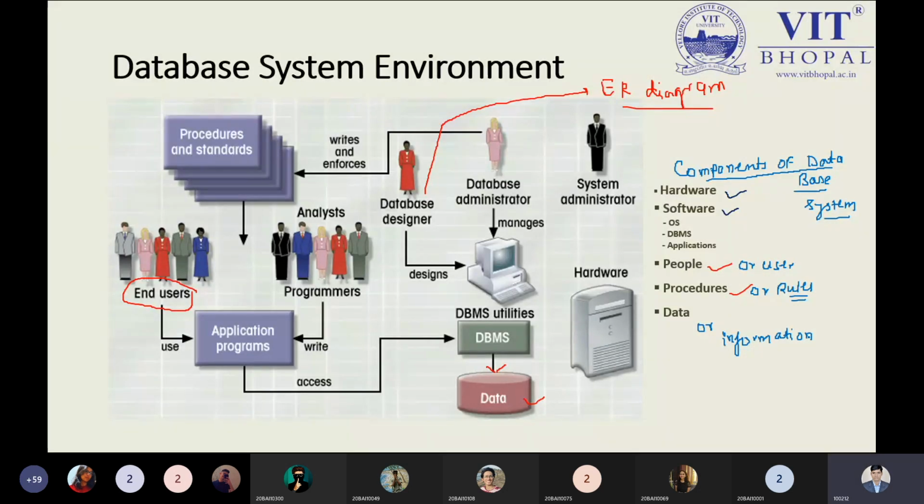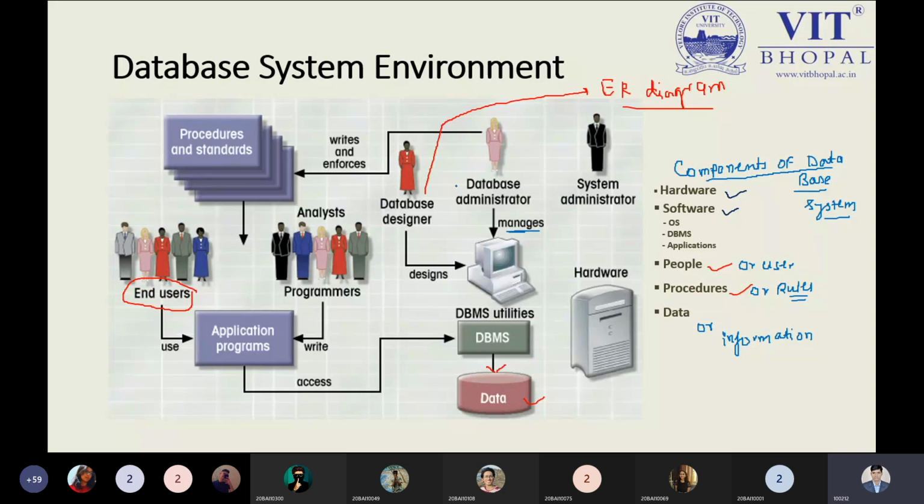So a system admin will connect directly to the hardware where the information is to be stored. As a database administrator, being a highly privileged person, I will manage all the things. So there are some terms we have to keep in mind. A database admin will manage all the information in the system.